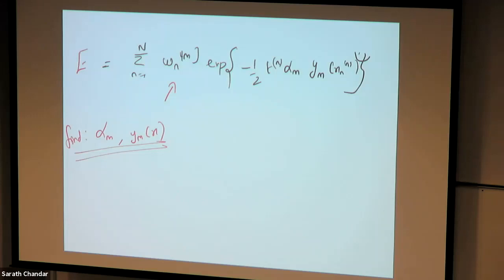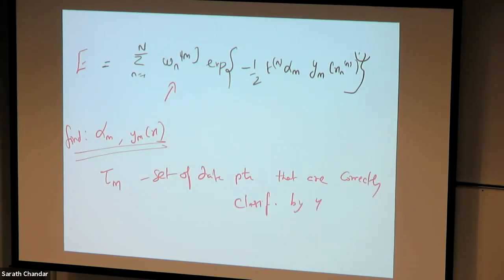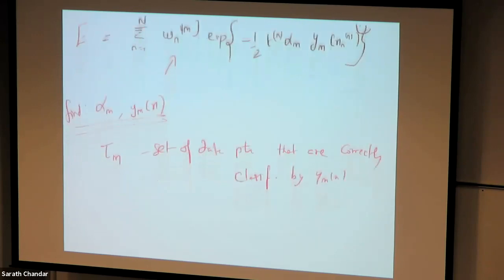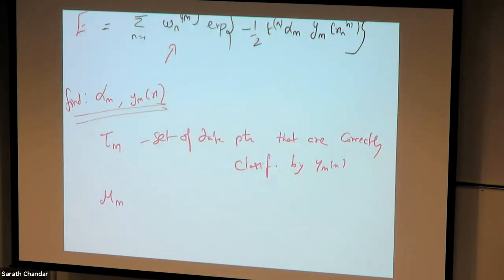The first set, let's call it tau m, is the set of data points that are correctly classified by y m of x. Similarly, let mu m be the set of data points which are misclassified by y m of x.